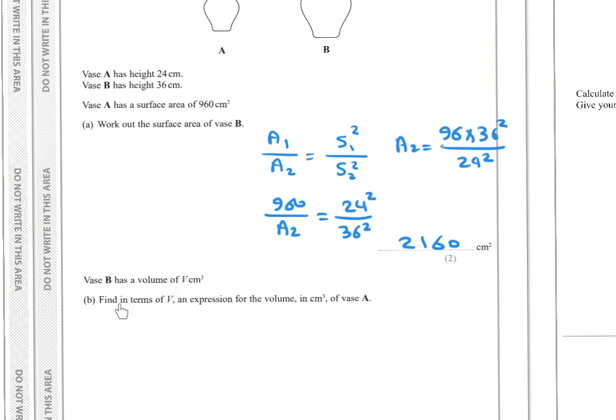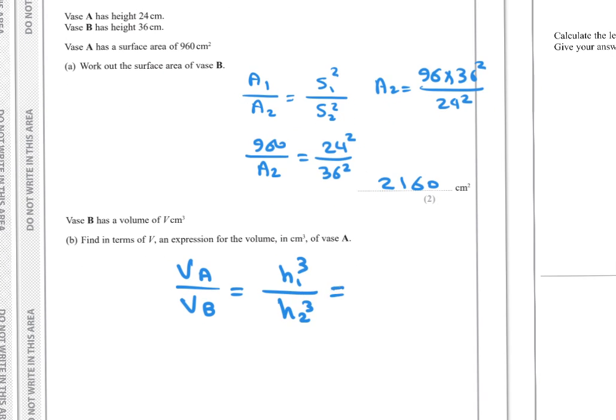Vase B has volume V. Find, in terms of V, the expression for the volume in cubic centimeters of vase A. The ratio between vase A and vase B equals height 1 cubed over height 2 cubed. Height 1 is 24, so 24 cubed.